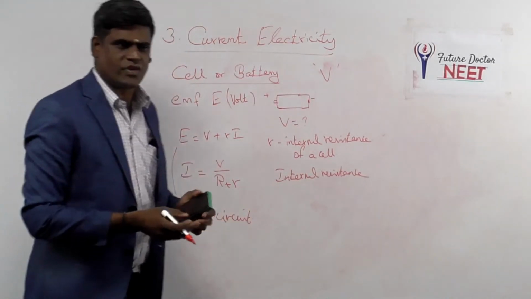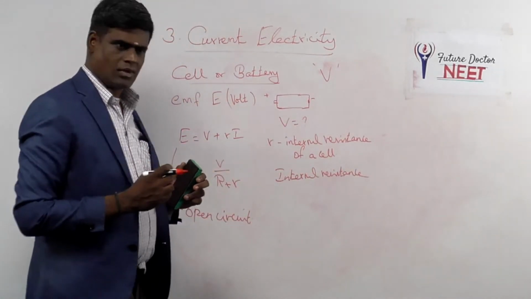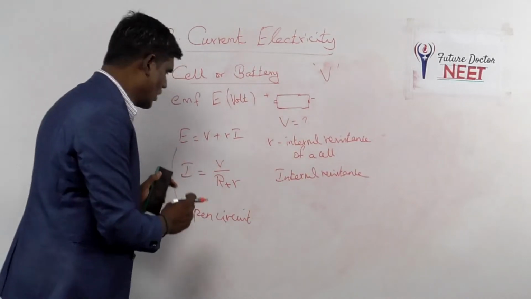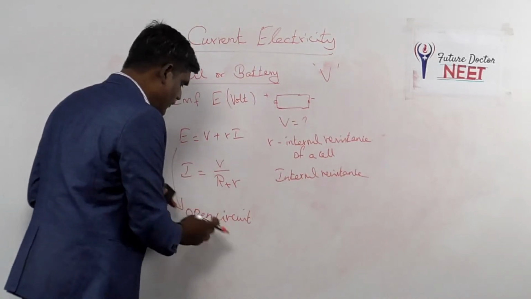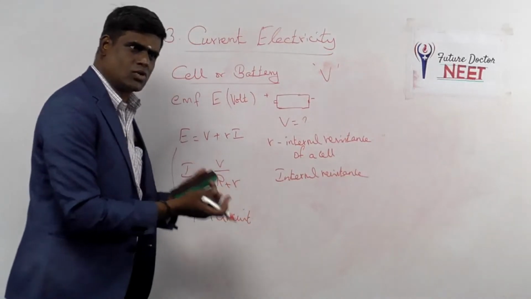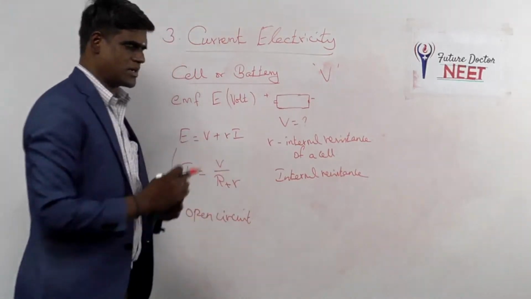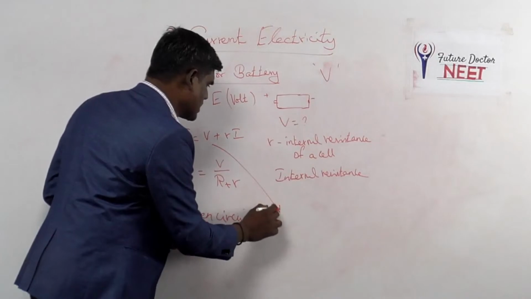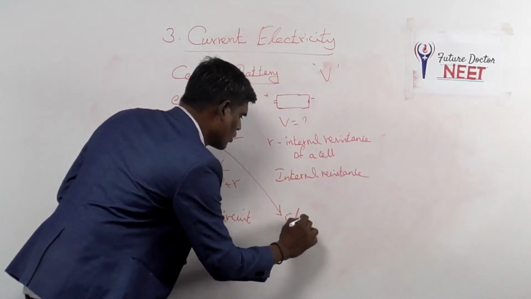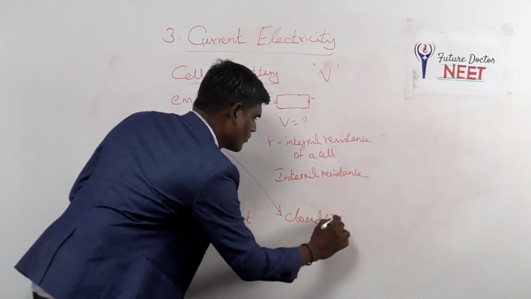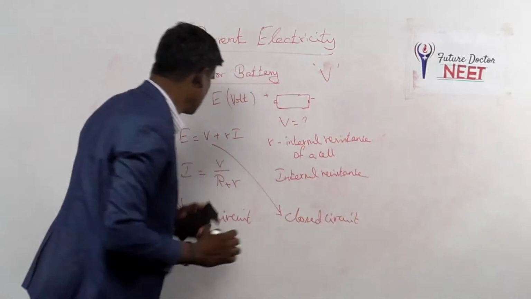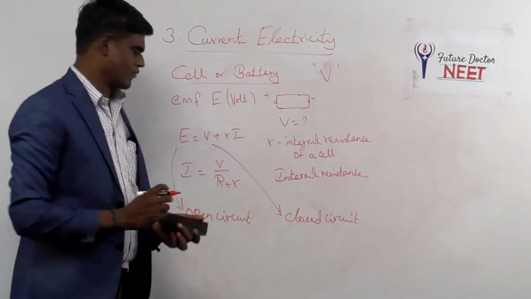Open circuit means without drawing current. That is only open circuit. And V is the potential difference in closed circuit.